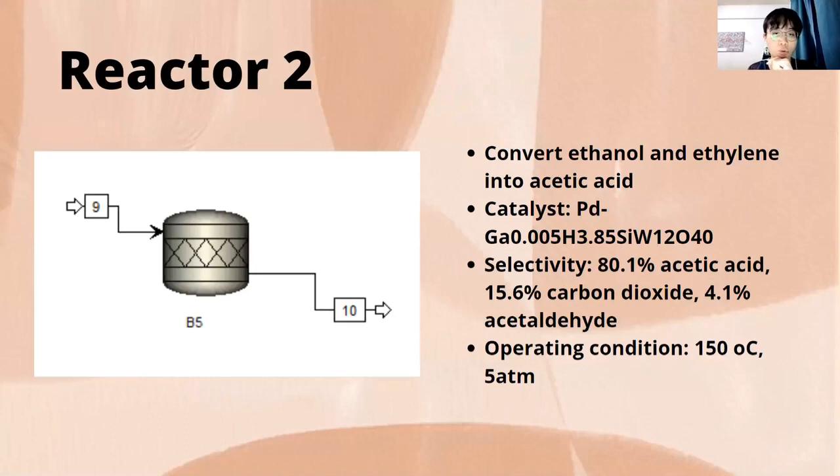While the aim of reactor 2 is to conduct the direct oxidation of ethanol into acetic acid. The PD GA 0.005 something is our catalyst that will be used in this reactor.